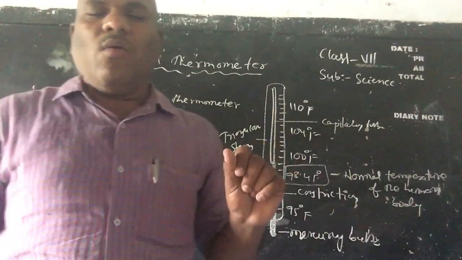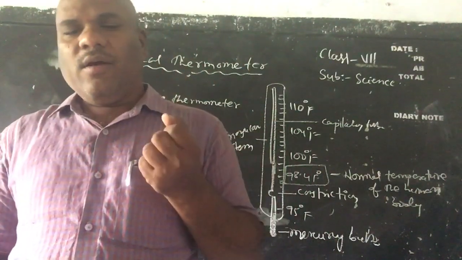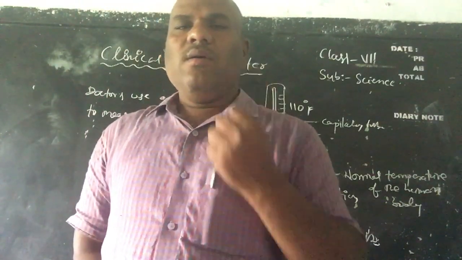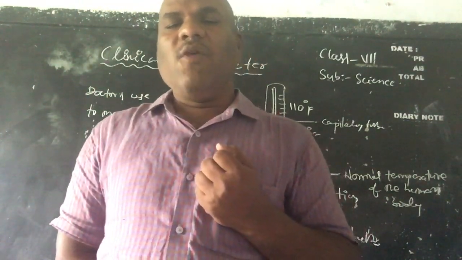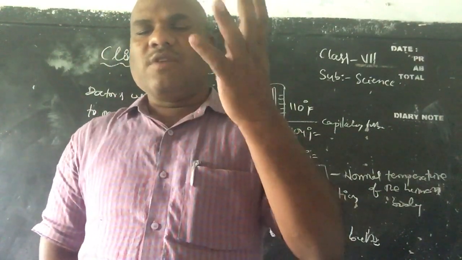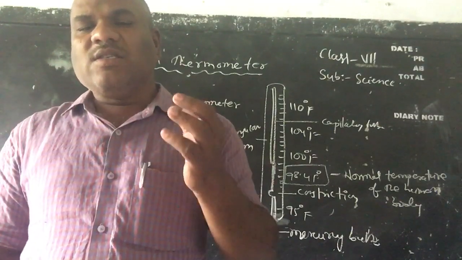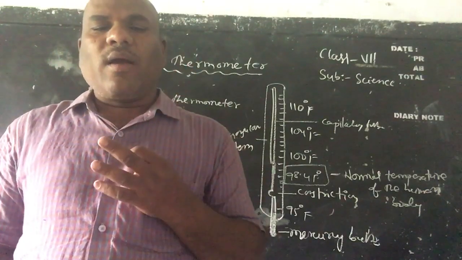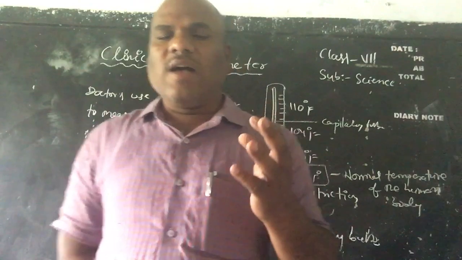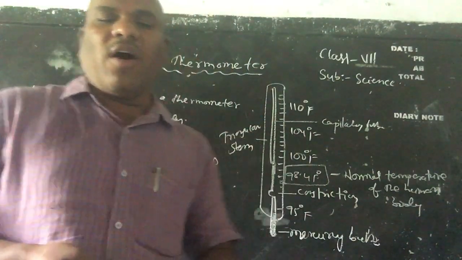Now hold the clinical thermometer in your hand and observe it carefully. Children, you observe there are two types of scales marked on it. One starts with 35 degrees and ends with 45 degrees.